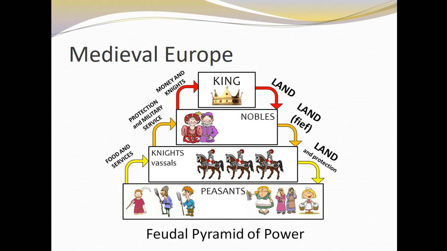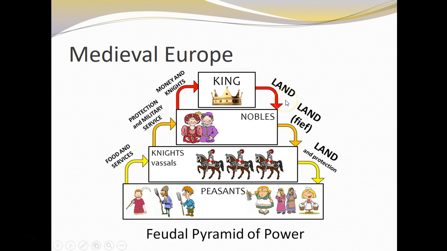What we have is a pyramid, basically, where we have the king on top of the social system, nobles underneath him, knights and vassals underneath those nobles, and then you get not just peasants. This is not the greatest pyramid shown. I liked it because of all the stuff on the sides, which we'll get into in just a second. But you did have people who owned small little plots of land. Peasants were tied to the land, and there were some slaves as well.